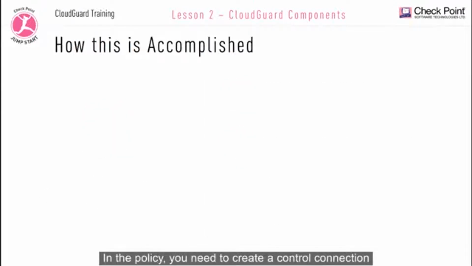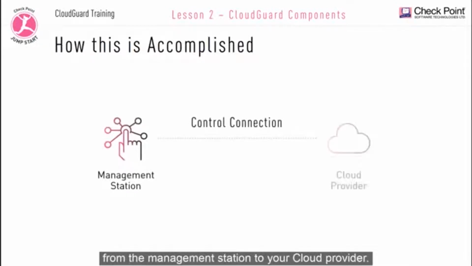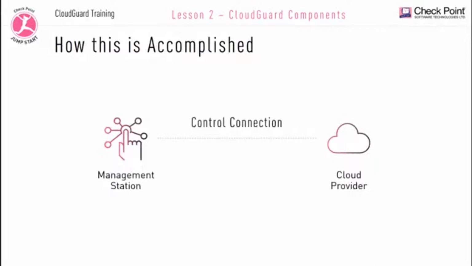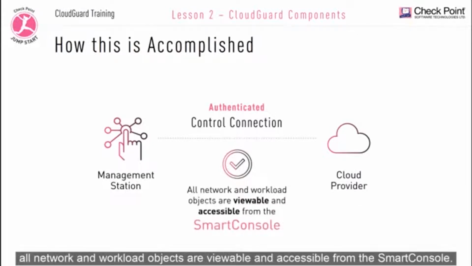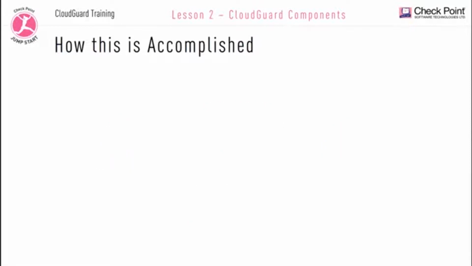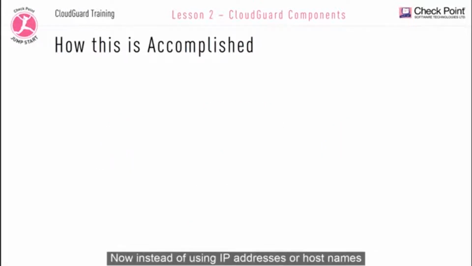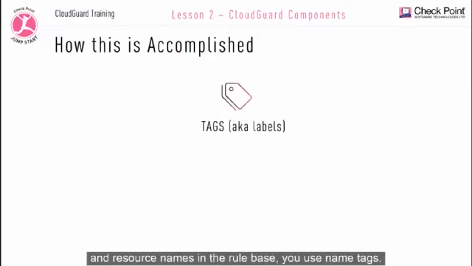In the policy, you need to create a control connection from the management station to your cloud provider. Once you have established and authenticated a connection to the cloud provider, all network and workload objects are viewable and accessible from the Smart Console. Now, instead of using IP addresses or host names and resource names in a rule base, you can use tags.